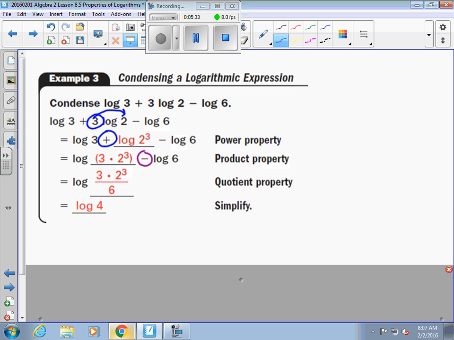We get to log of 4 by doing 2 cubed, we know is 2 times 2 times 2, which is 8. 3 times 8 is 24, and 24 divided by 6 is 4. So that's how you get to the log of 4. We condensed something that looked very long on this first line to something very short, the logarithm of 4.